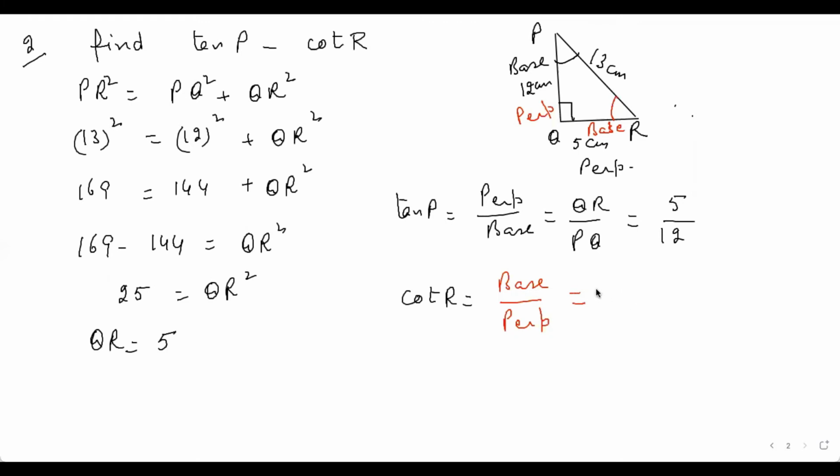Now base here is QR, perpendicular here is PQ. QR is 5 and PQ is 12. It means 5 by 12. I am to find tan P minus cot R. It means 5 by 12 minus 5 by 12. That is equal to 0.